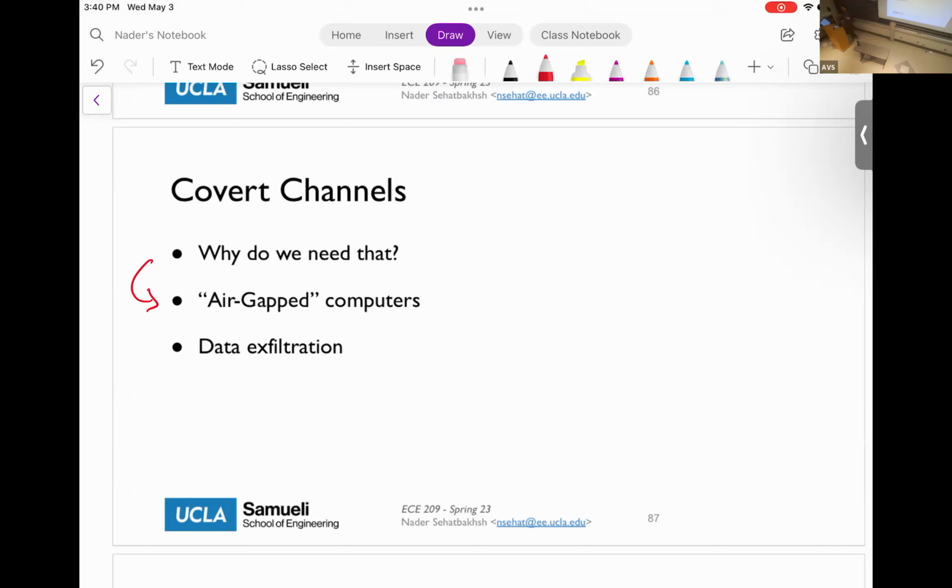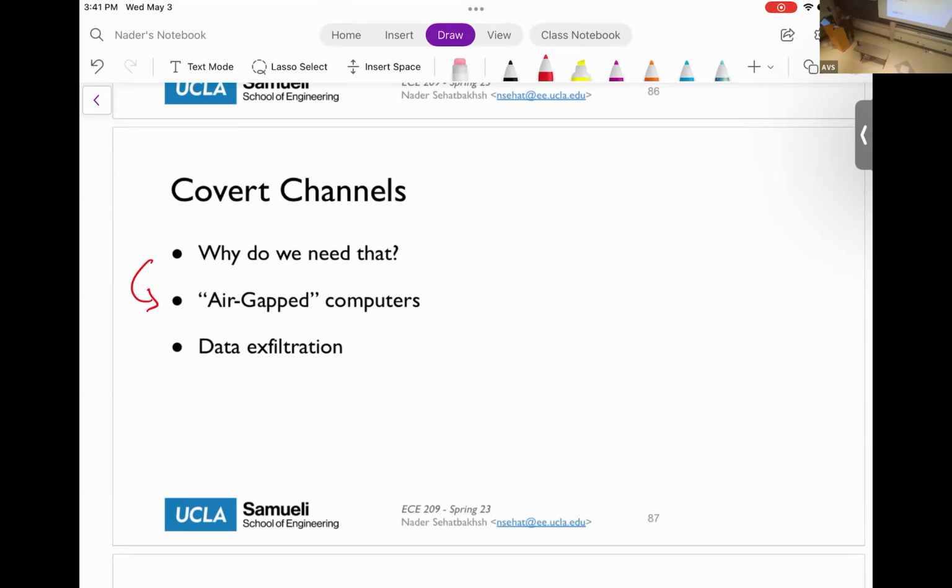For those of you who have interned at big tech companies, most of the laptops that the company gives you are usually air gapped in some sense. The network is usually monitored. If you try to hook up a USB thumb drive, everything is encrypted. You cannot, for example, copy and paste things when you're on the network of your system, or send out files and stuff like that.